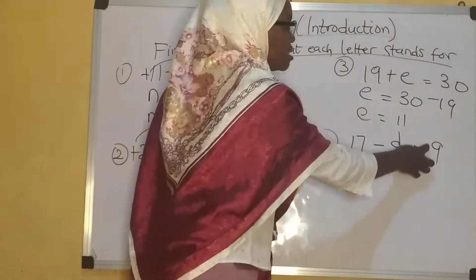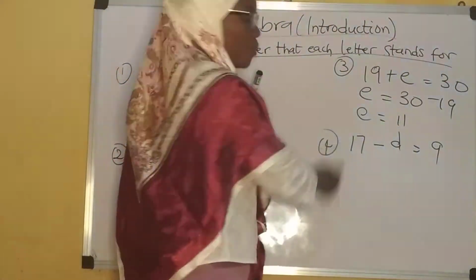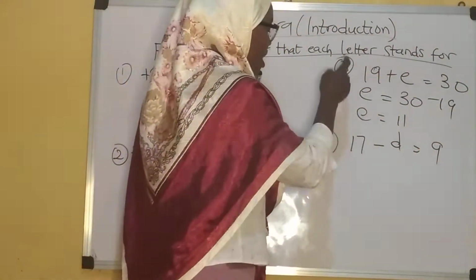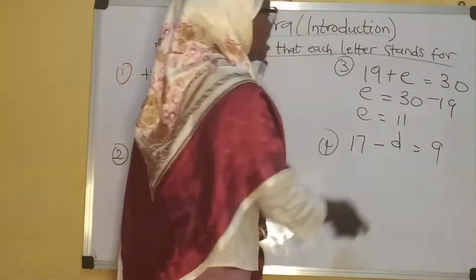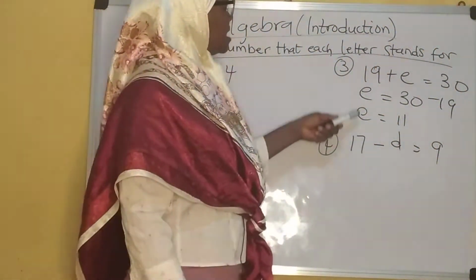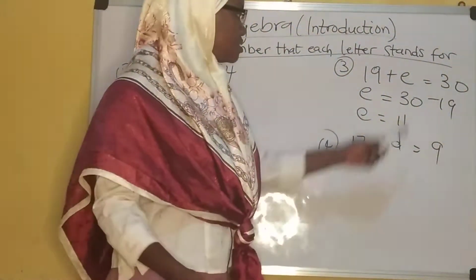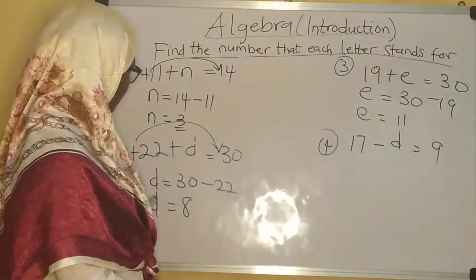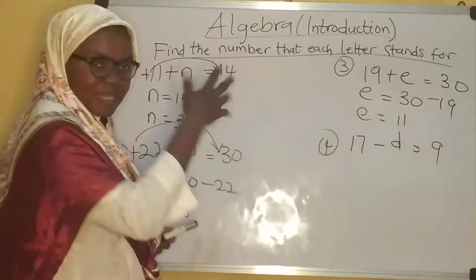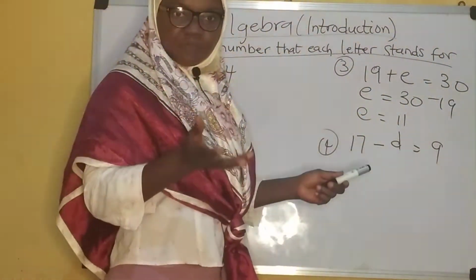Just like this 9, nothing is written here, that means it is positive. 17 here, no operator is written, so it is assumed to be positive 17. Does that make sense? So I'm not going to write out my d alone like I write here. I've written this e and this d out without any sign because they have a positive sign before them.